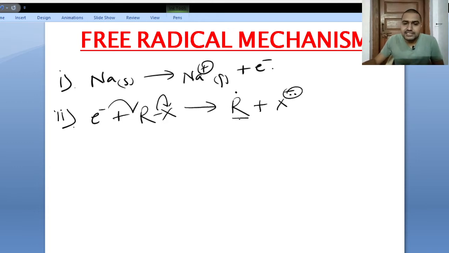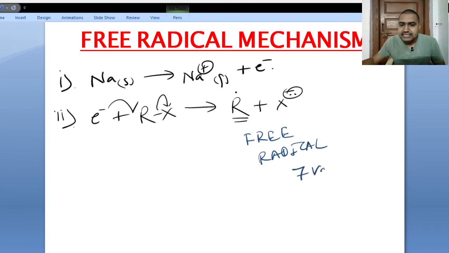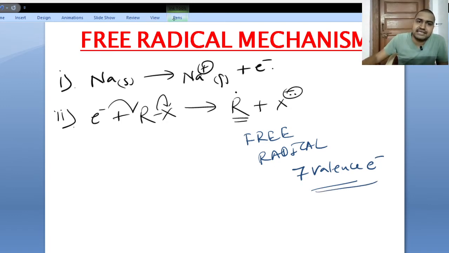This R dot is known as a free radical, which has 7 valence electrons.